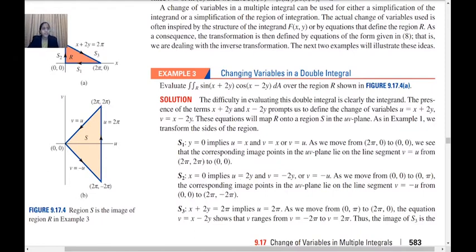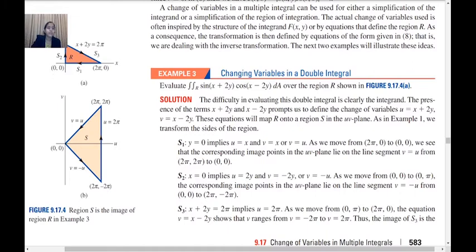Now S2 is a line segment corresponding to x equal to 0. So if x is 0, we have u is equal to 2y and v is equal to minus 2y, right? So u is equal to minus v. So this is the line segment which will go downwards. Now the movement, from where is it moving? We are moving from 0, 0 to 0, pi.